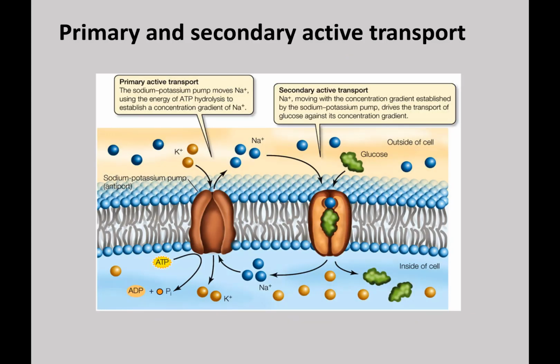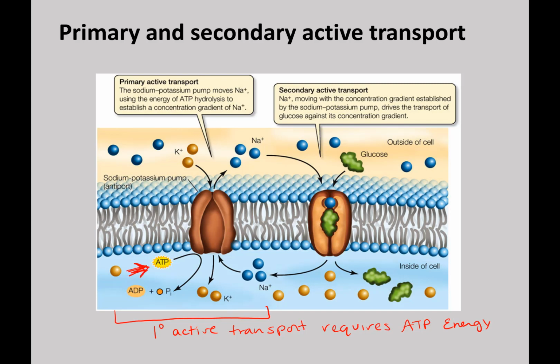Now you can put these concepts together, and what the cells do a lot is what's called primary and secondary active transport. And this name can be a little bit confusing. So I want you to see that on the left here is the primary active transport. Primary active transport requires ATP energy. Okay, that's right here.